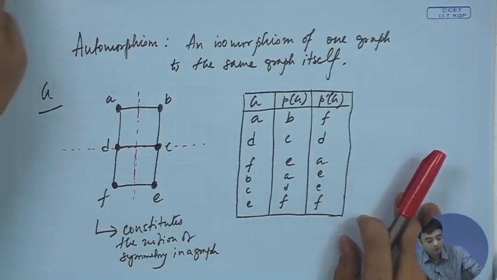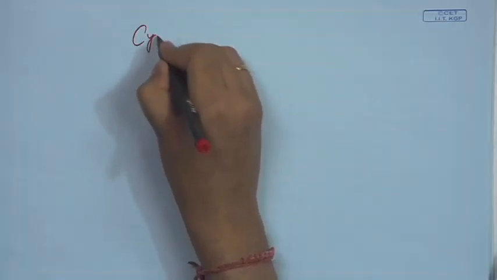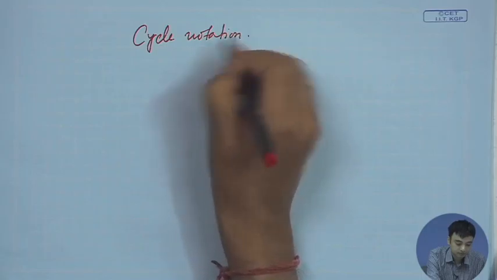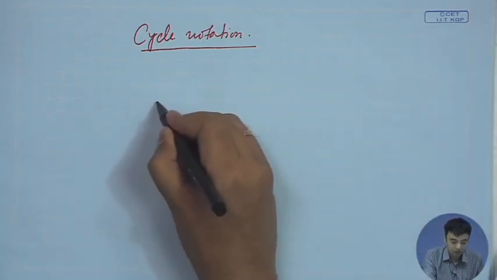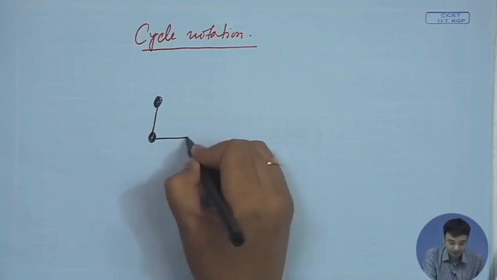Now, automorphism can also be represented using something called a cycle notation. This is a nice, compact way of representing automorphism. For instance, let us say we have this example graph here.